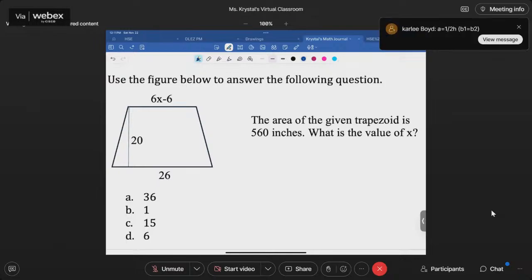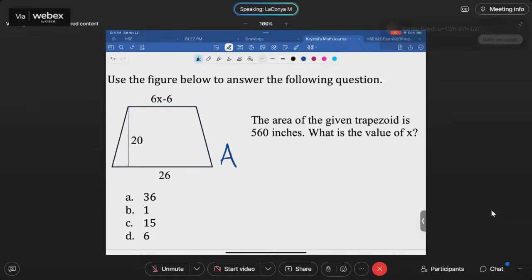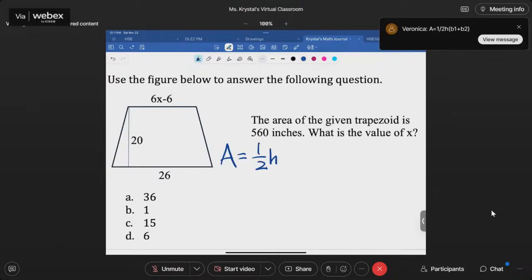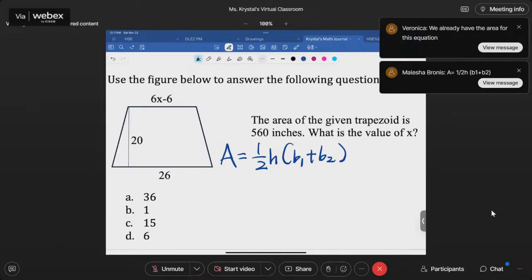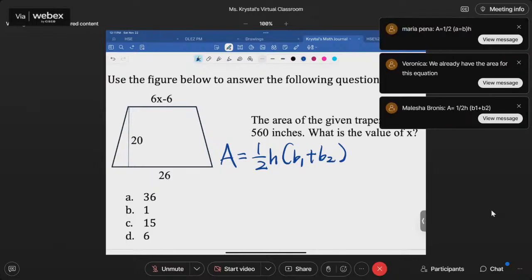It is area equals 1/2 times the height times base 1 plus base 2. Perfect.